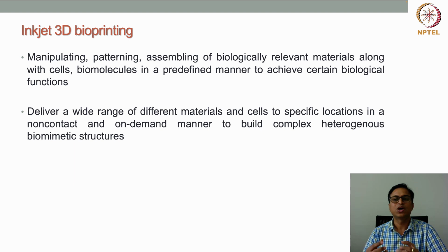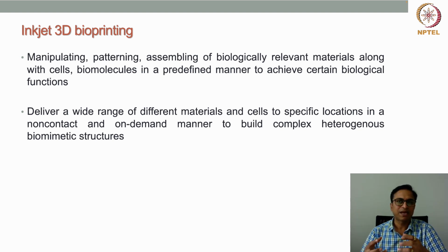We can achieve certain biological functions by manipulating, patterning, or assembling biologically relevant materials, with cells or without cells, and also with biomolecules, in a predefined and pre-designed manner to make up 3D structures, so that we can generate biological functions. For all this, inkjet 3D bioprinting is very much used to develop three dimensional tissue or organ structures using this technology.